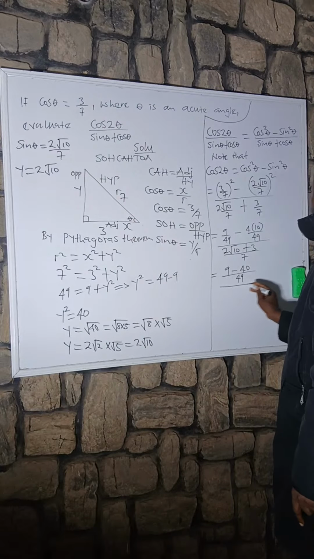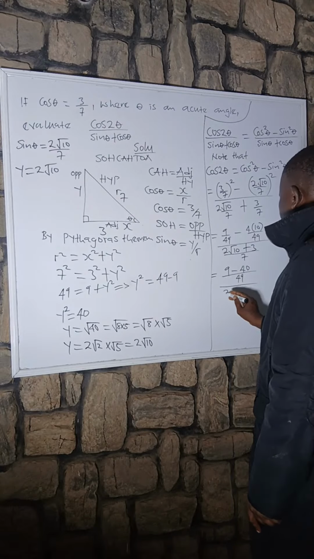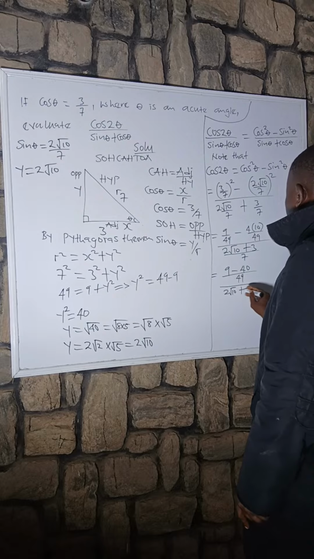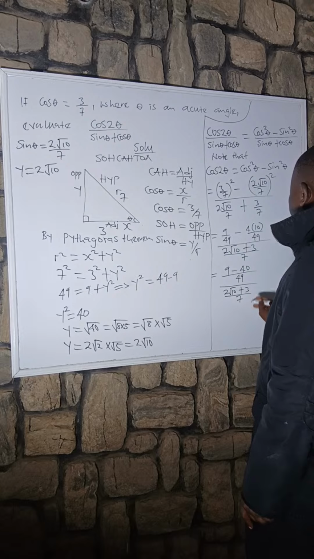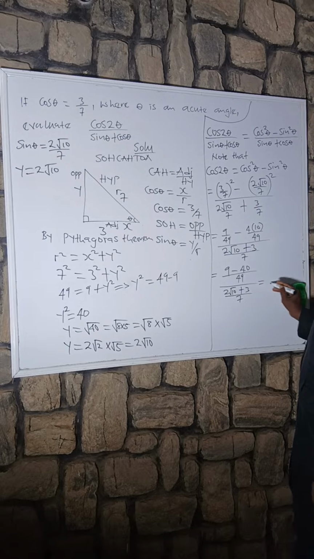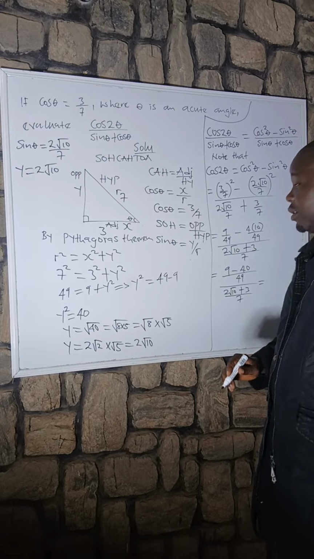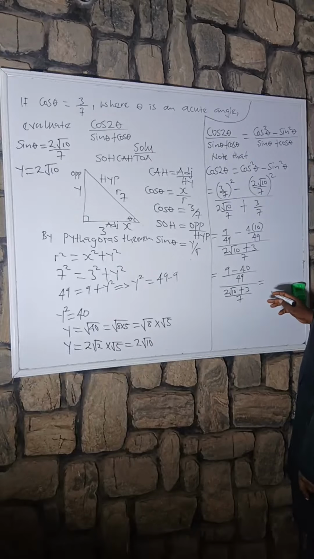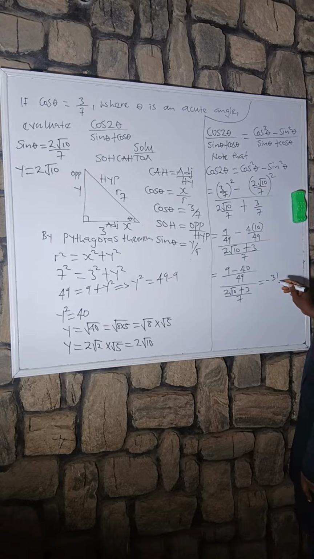Then all over 2 root 10 plus 3 all over 7. We cannot have this, but we can subtract this to give us minus 31 all over 49 all over 20 root 10 plus 3 all over what? 7.